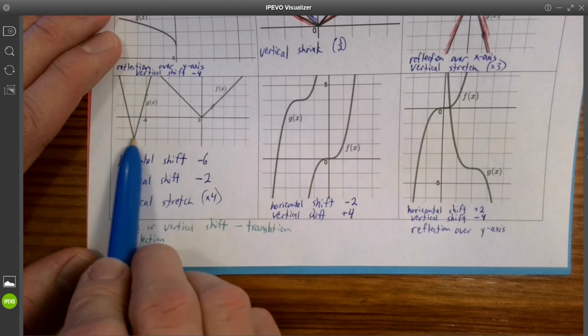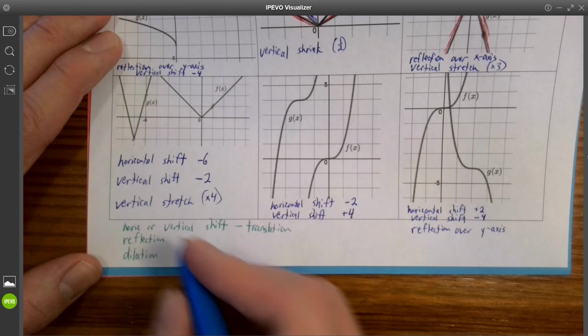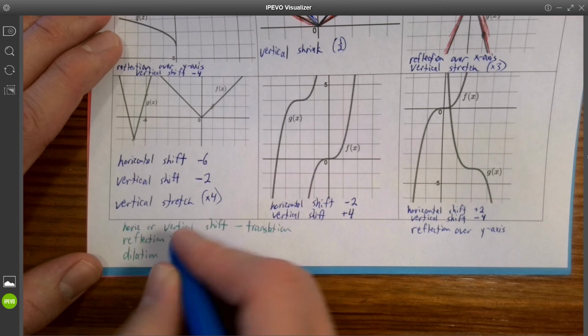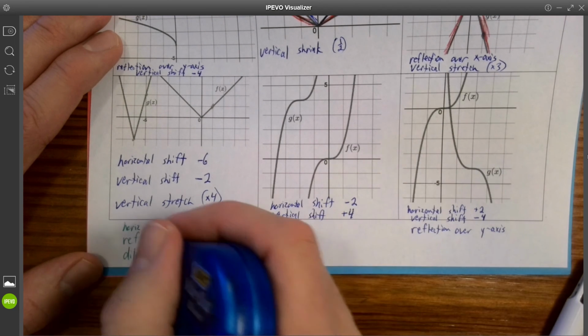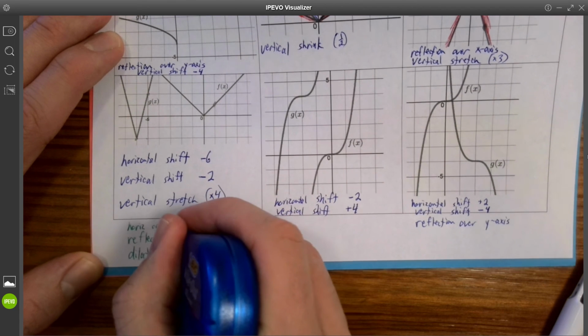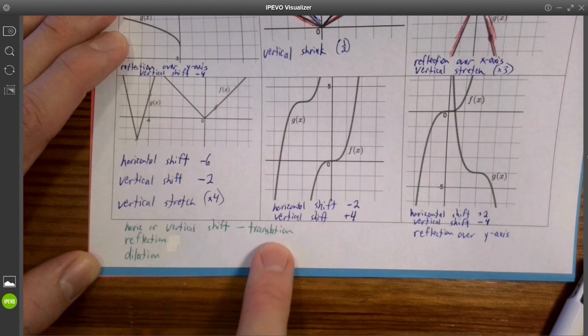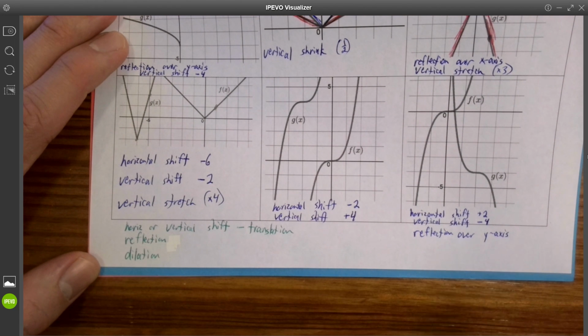This one was normal and this one was thinner. And so I've changed the size. These are translations, and that's a reflection, and that's a dilation. And these first two preserve the shape. This last one does not.